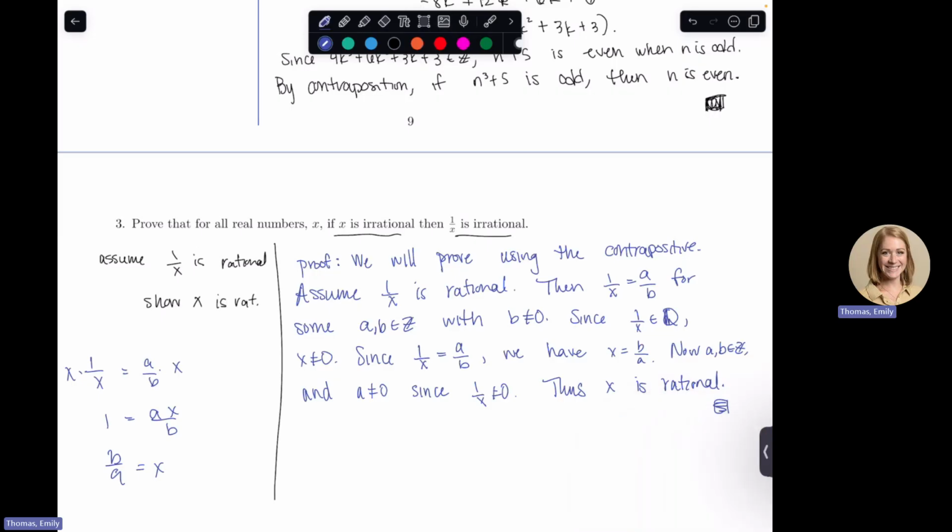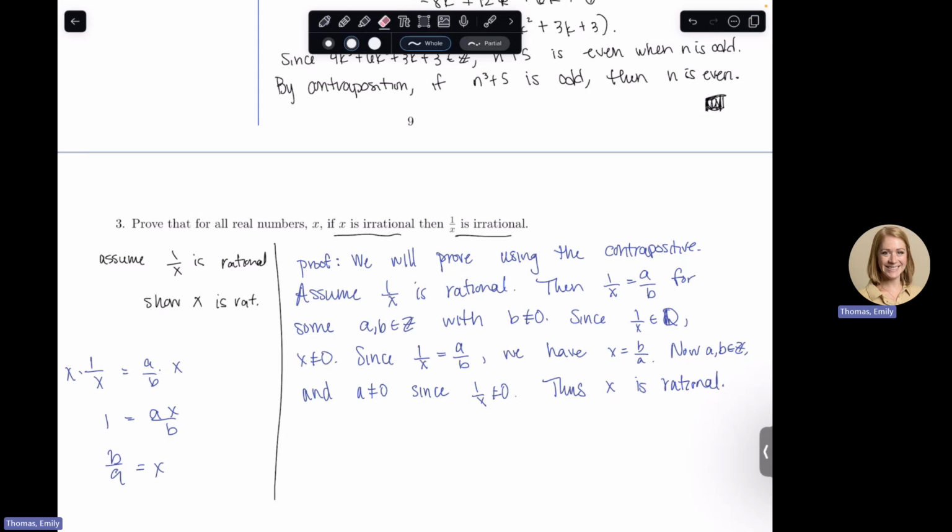Convincing yourself that x can't be 0 there makes that work. Oh, I have to do the thingy. This works, sorry. 1 over x can't be 0 anywhere. That means x can't be 0, but it also means that a can't be 0, because 1 over x can never give you 0, and if a was 0, then it would have to.